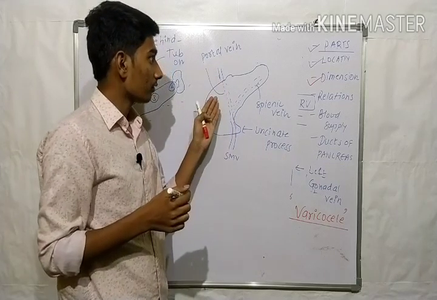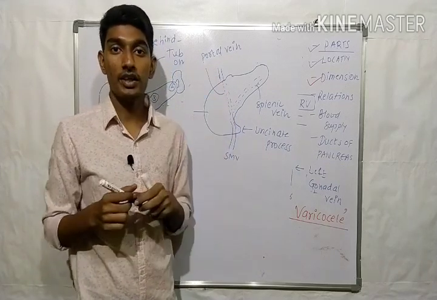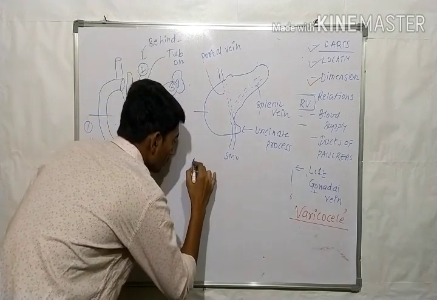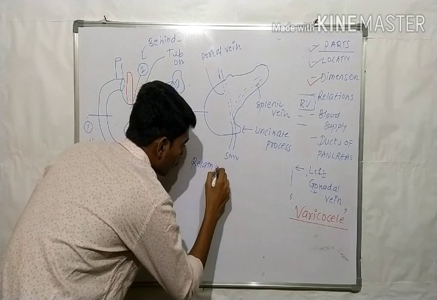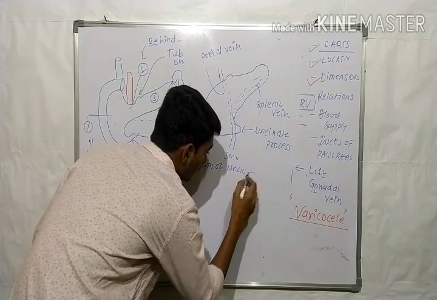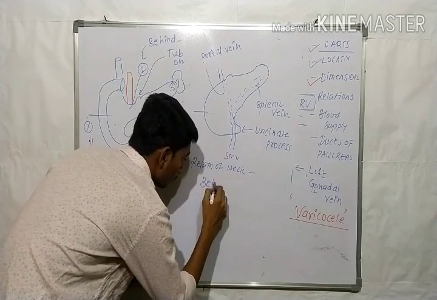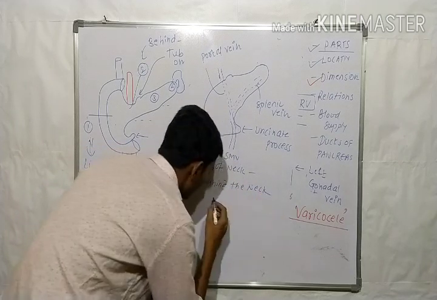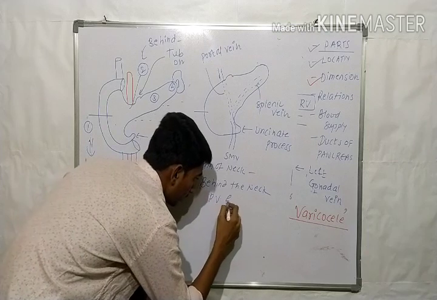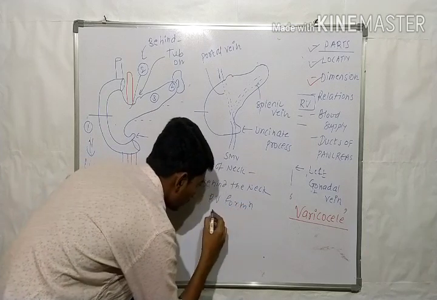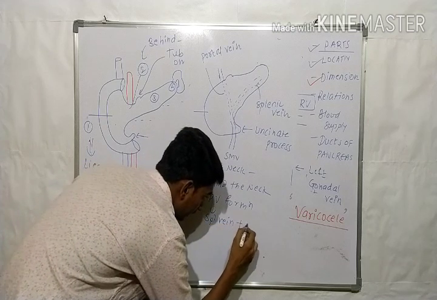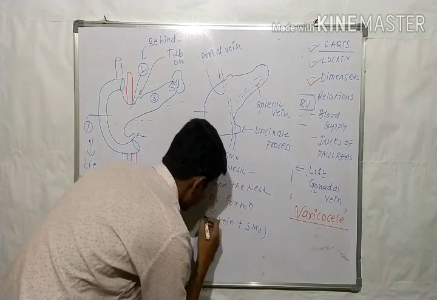So we have seen that behind the neck of the pancreas there is the formation of the portal vein, and the portal vein is formed by the splenic vein and superior mesenteric vein.